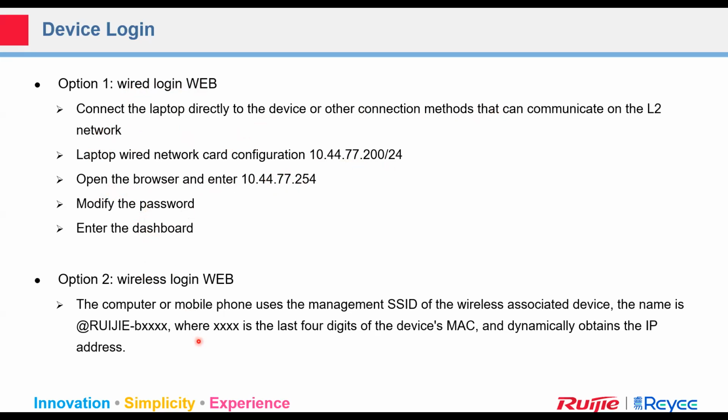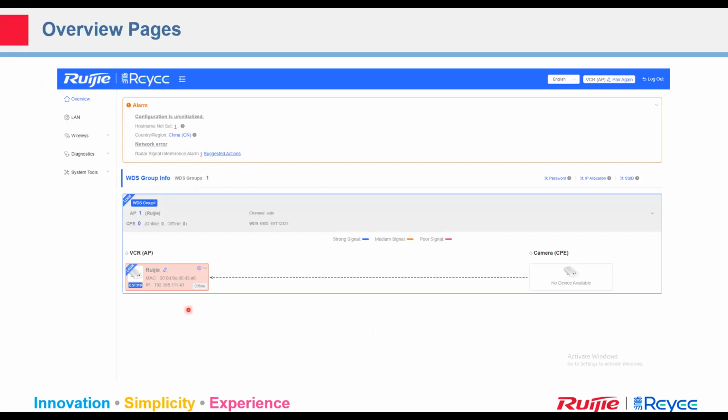The second option is you can access the device using the SSID, which is available by default on that device. So Reyee-B-xxxx, where xxxx is the last 4 digits of the MAC address. So it will move you to this page.